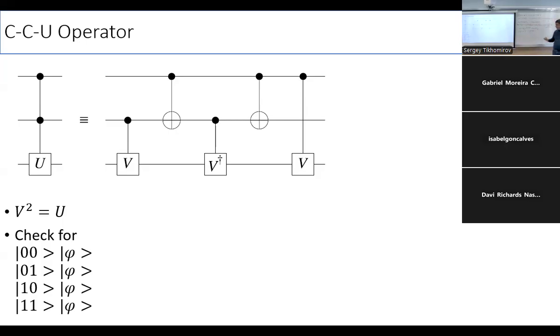So it would really change something. So it goes to 1, 1, phi. Now we apply controlled V inverse, with the second qubit controlling. So it will go to 1, 1, V inverse phi.